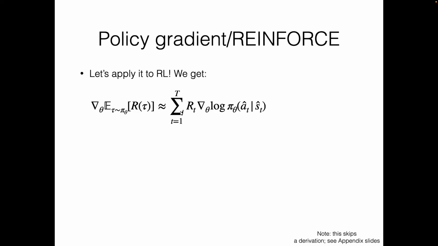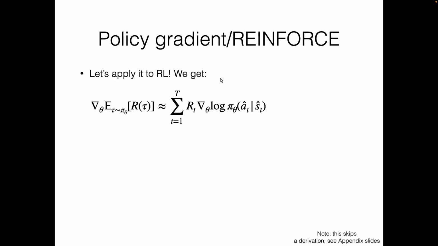Now I did something subtle here, which is that you actually have to be careful to break this trajectory apart into time steps. And it turns out that you can get rid of the environment transitions, so you can safely write things in this form. The details of this are kind of interesting, but also kind of tedious, so I made some slides with the details if you're curious afterwards.